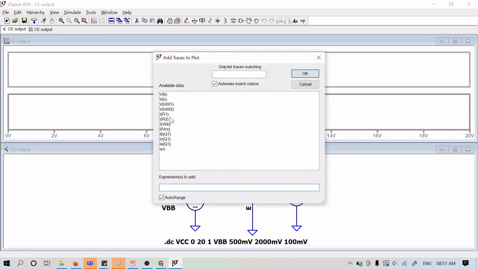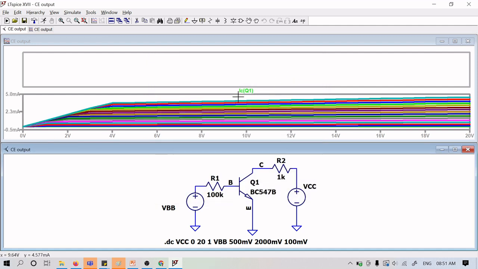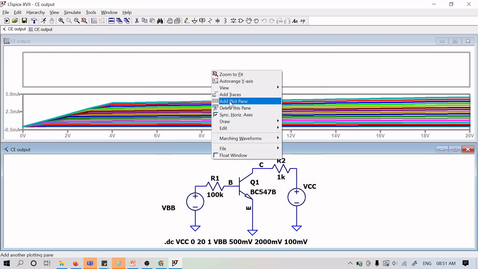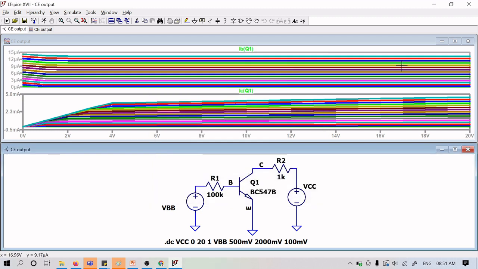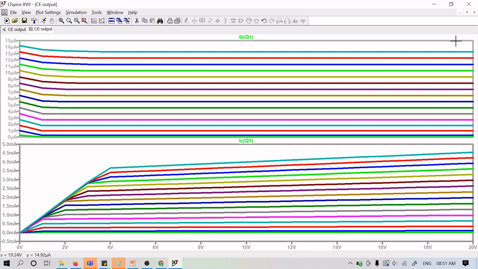Add trace: I want to take IC for the top plot, and you can take IB here. Now I've got both the graphs. So what you can do is go to the scale.